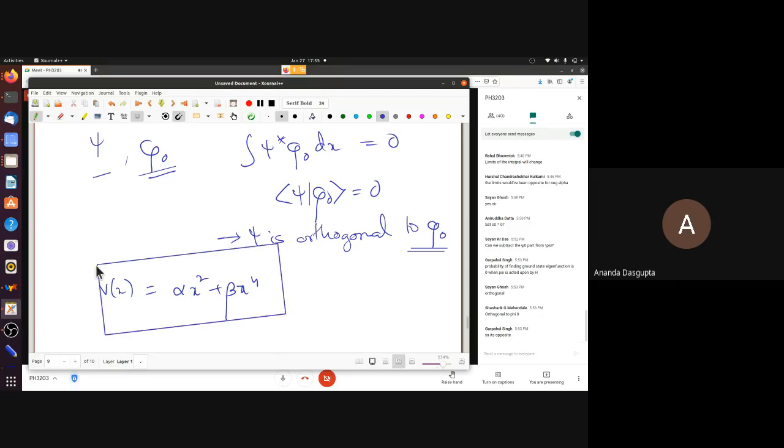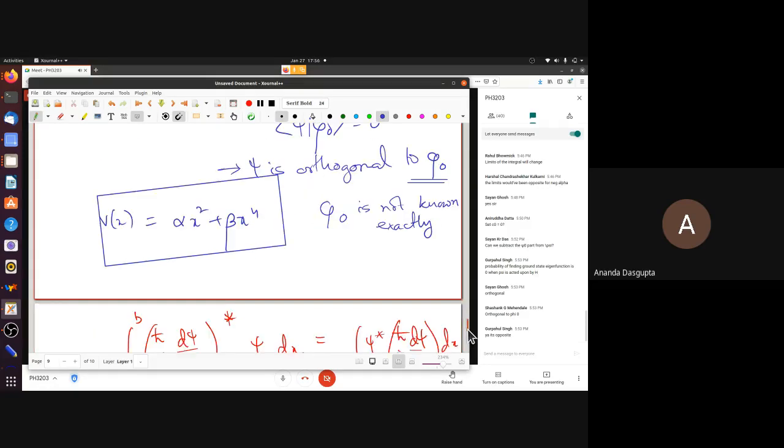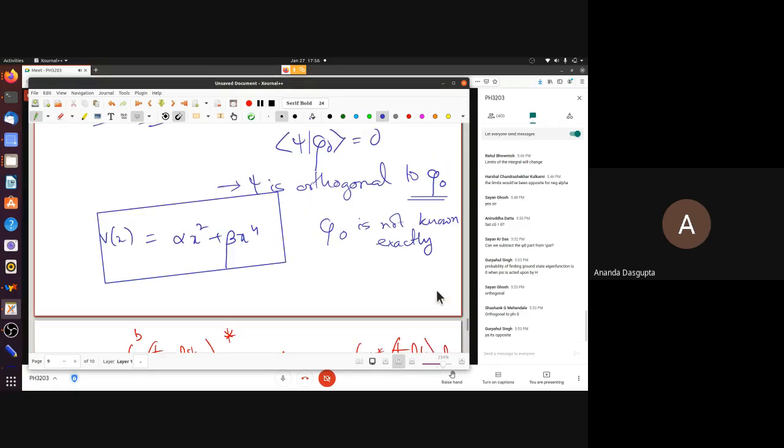So for this potential, we don't know the exact ground state. Phi 0 is not known exactly. But my claim is, even despite that, you can find a way to ensure that psi is orthogonal to phi 0. Can anybody tell me how? The answer is very, very simple. Let me just give you that as a hint. Any idea how?